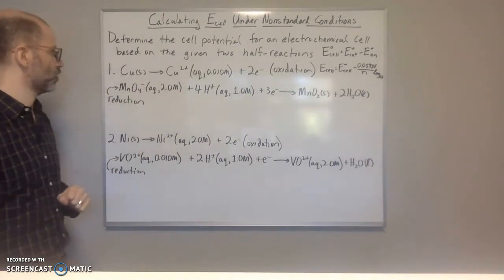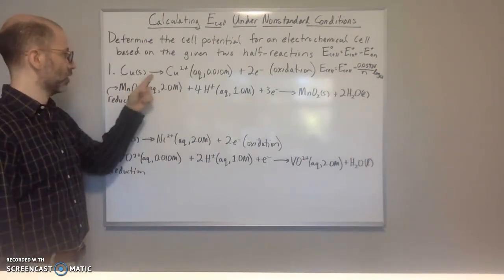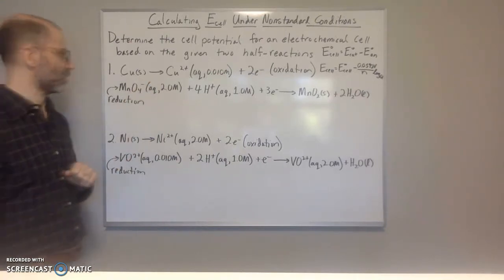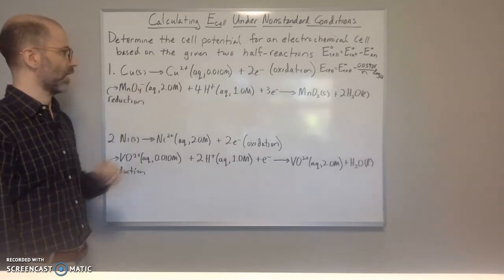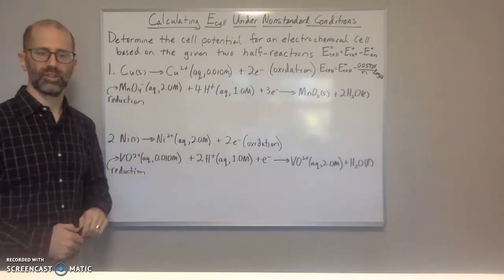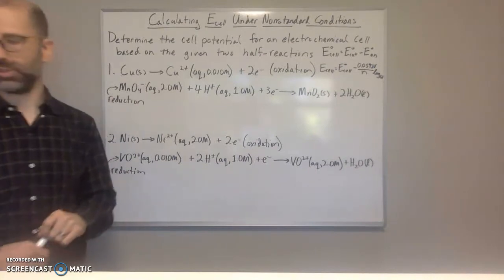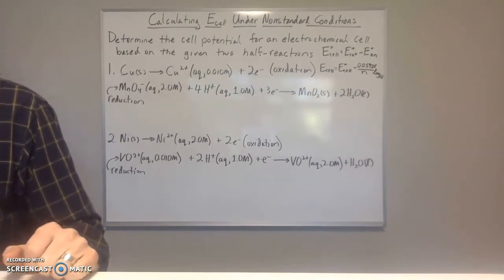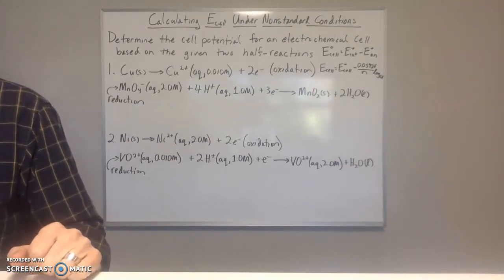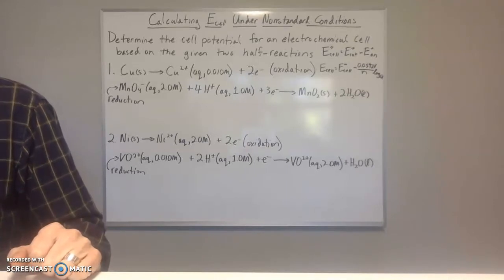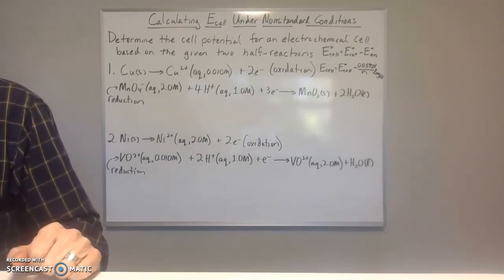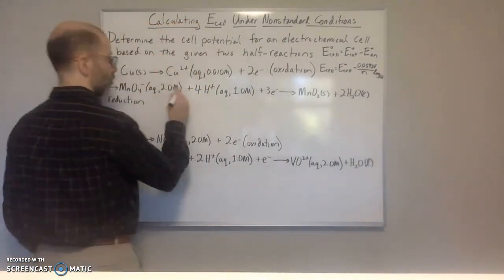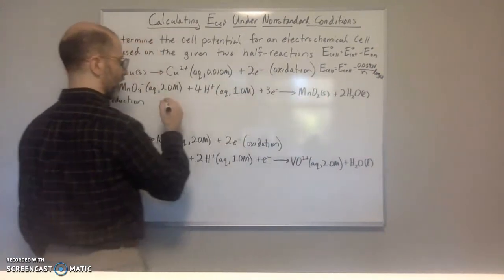Alright, so first thing you need to do is look at these two half reactions under non-standard conditions. So we have to find the electrode potentials for those. If we look them up, you'll see that the electrode potential for the copper is 0.34 volts. So for the copper, that is oxidation. This is the anode.